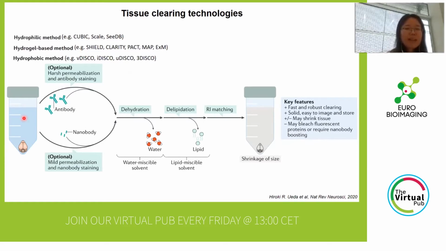When we collect a mouse sample, for example here the mouse brain, we can optionally do antibody or non-antibody staining, or we can also use a transgenic fluorescent mouse line. Then we put it into a water-miscible solvent to get rid of the water, as dehydration, and also into a lipid-miscible solvent to get rid of the lipid, for delipidation.